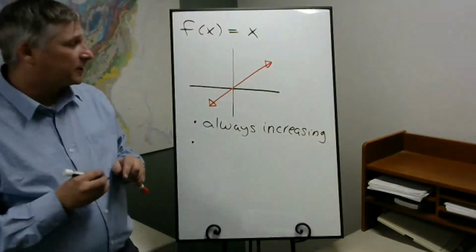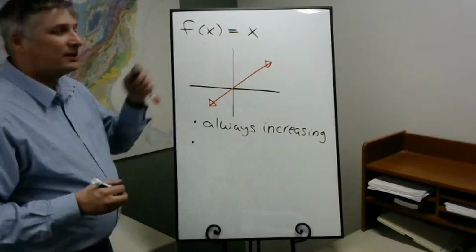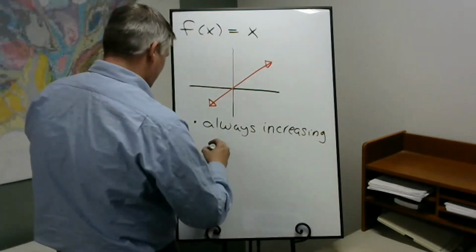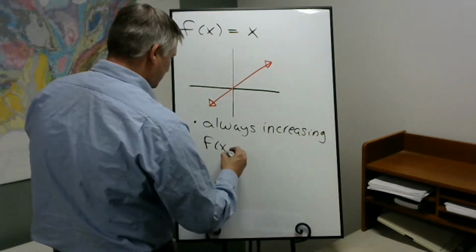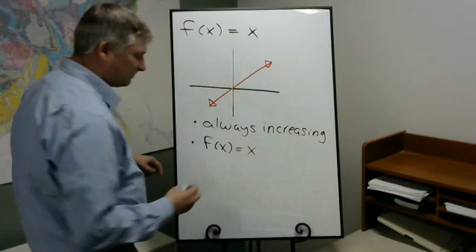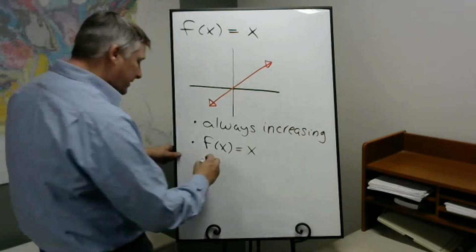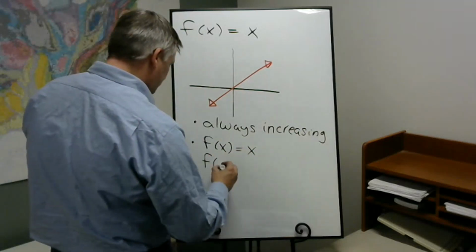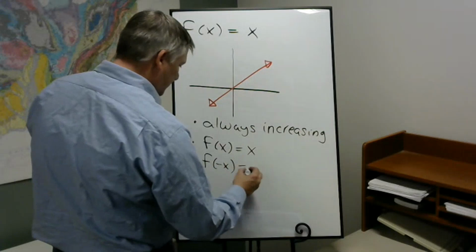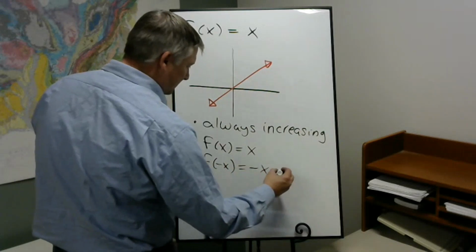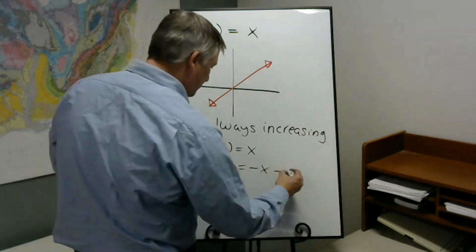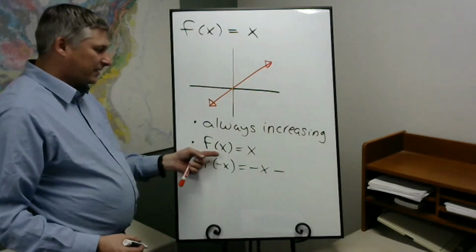Now, for its symmetry, if we plug in negative x, now we know that f of x equals x. That's what our function is. So if we plug in negative x, well, we get negative x, or negative the original f of x.